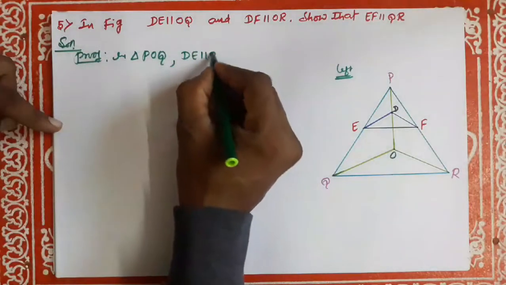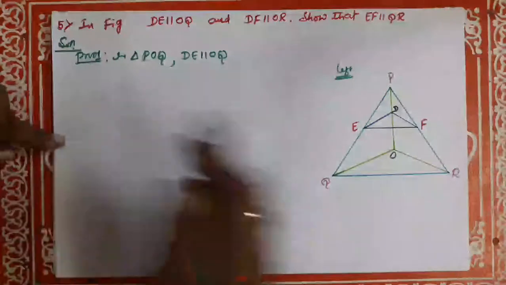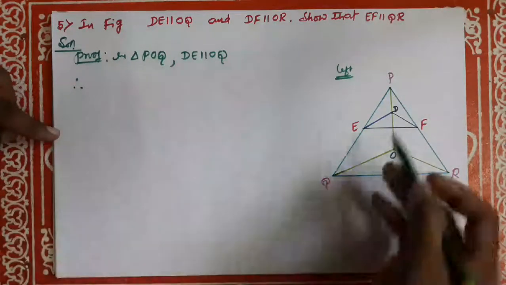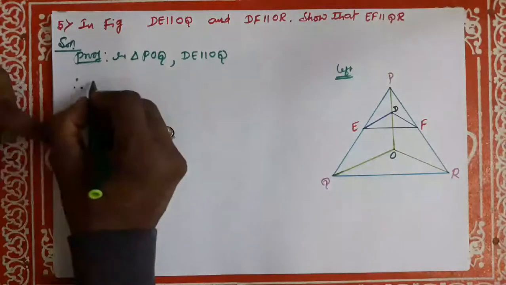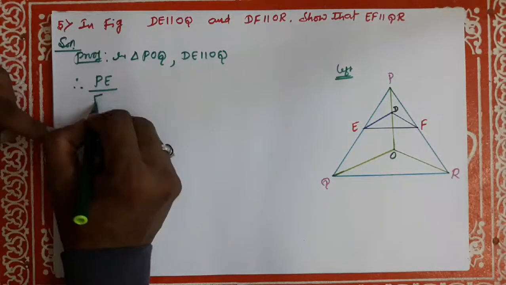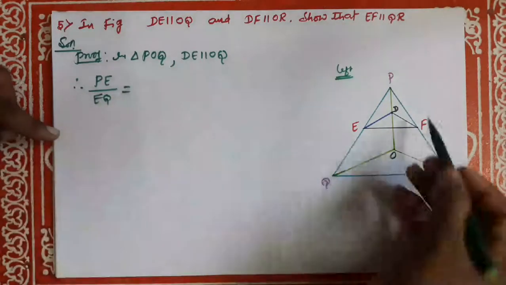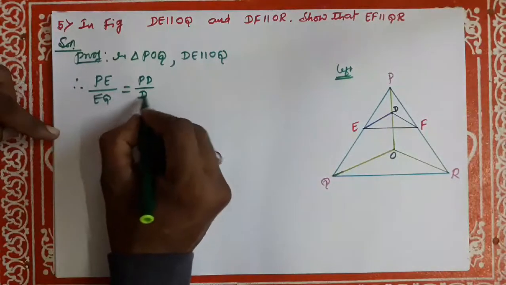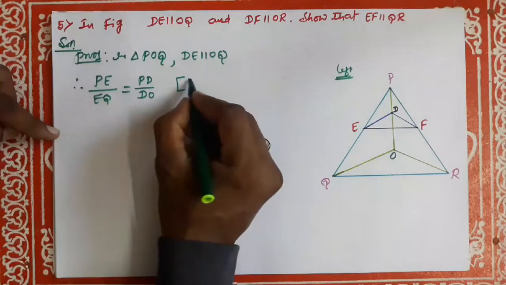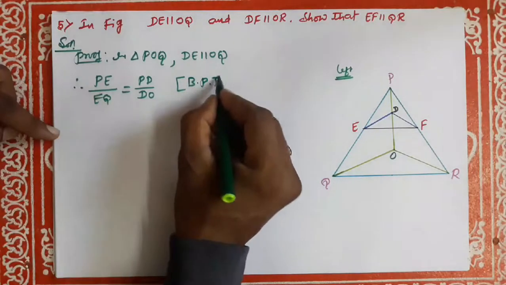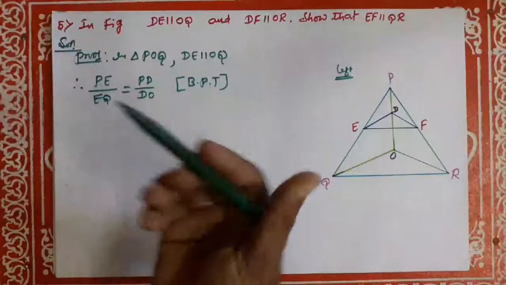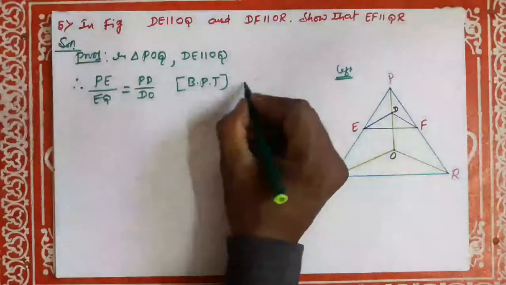Therefore, PE by EQ is equal to PD by DO, by the basic proportionality theorem. Equation 1.